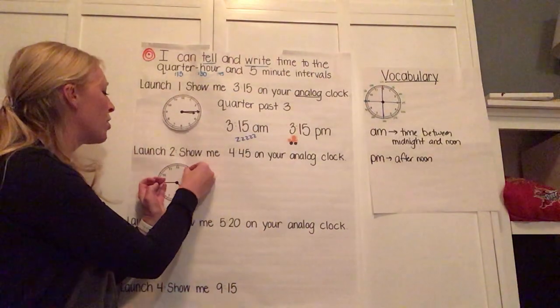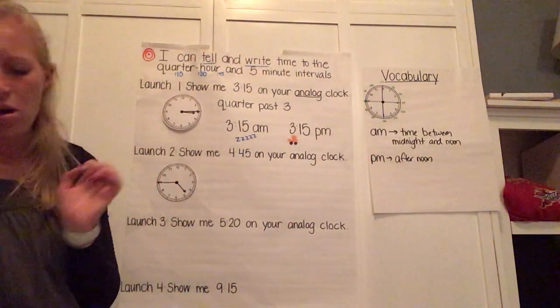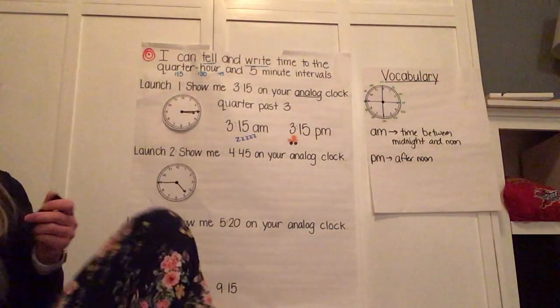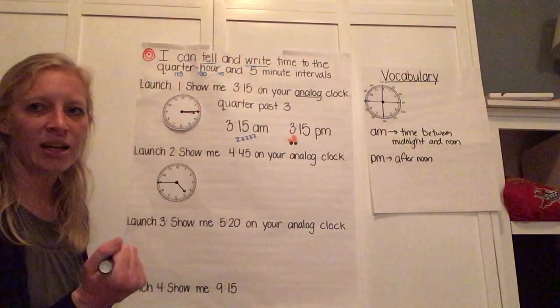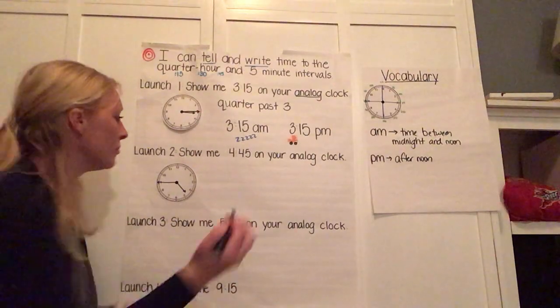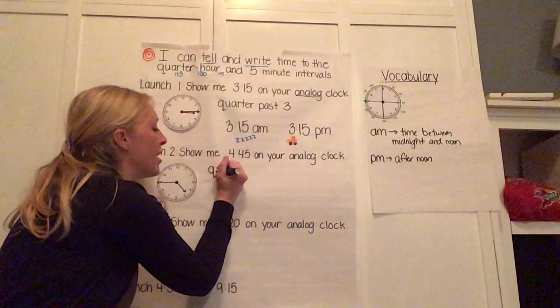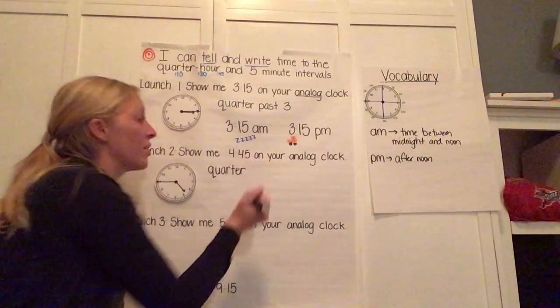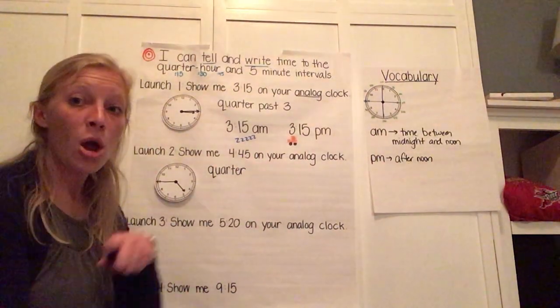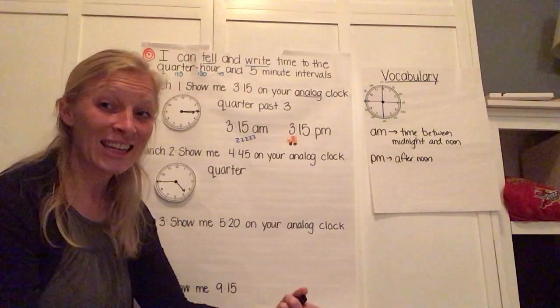How else have you heard that time be called? What else have you heard about that time? 3:15 was 3:15. There's that quarter again, because it is on the quarter hour. Is it 4:15? Or is it 1/4 till?